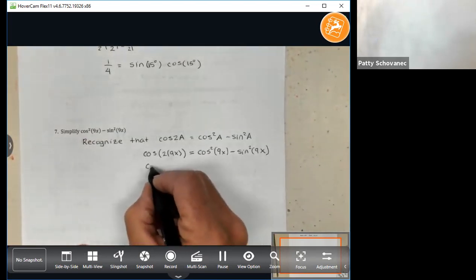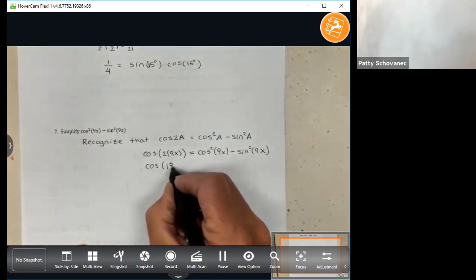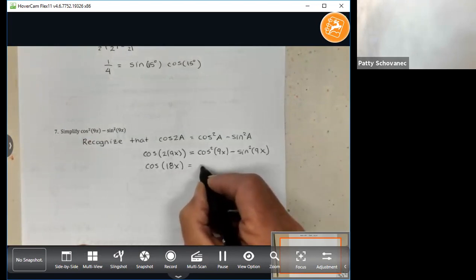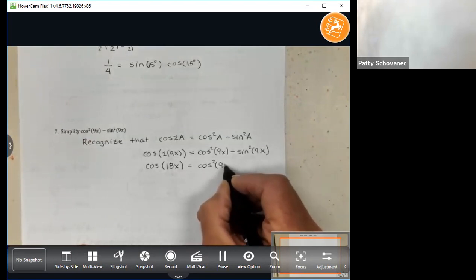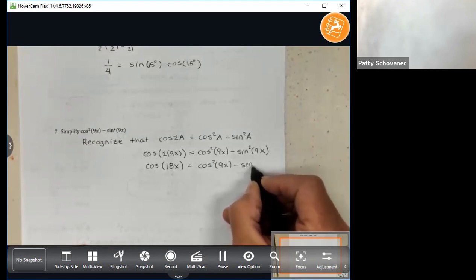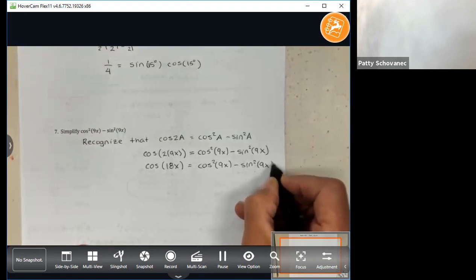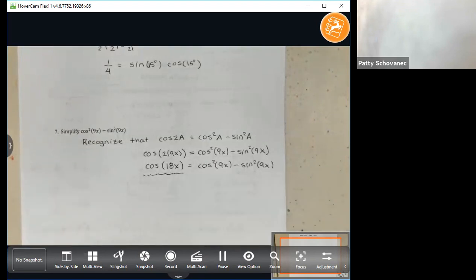And then I'm done. 2 times 9x is 18x. So I have simplified it right there. Cosine squared a minus sine squared of a is cosine of 2a. Cosine squared of 9x minus sine squared of 9x is cosine of 18x, 2 times 9x. Okay?